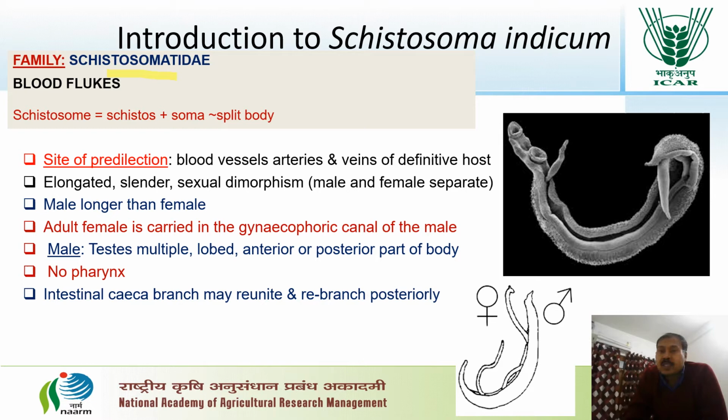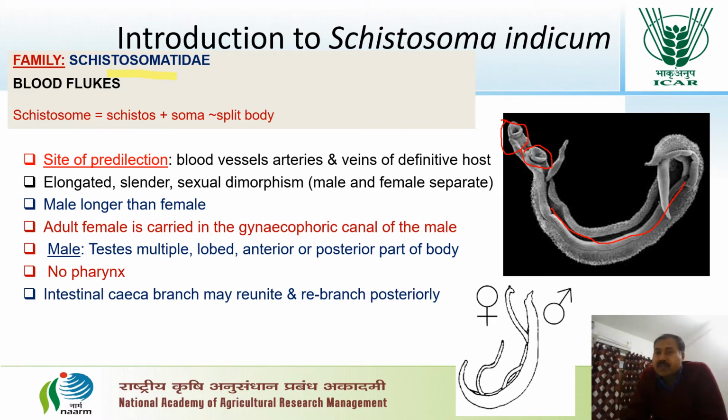This is an electron micrograph of Schistosoma indicum, and this large structure is the male. This is the oral sucker and this is the ventral sucker, and inside is a canal-like structure in the male. This particular structure is called the gynecophoric canal. Inside the gynecophoric canal lies the female schistosome.